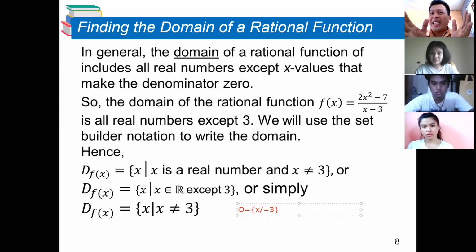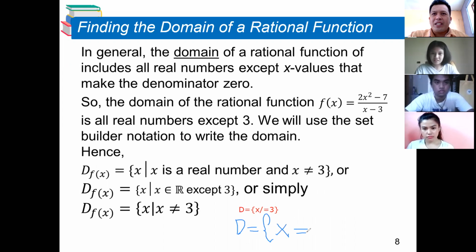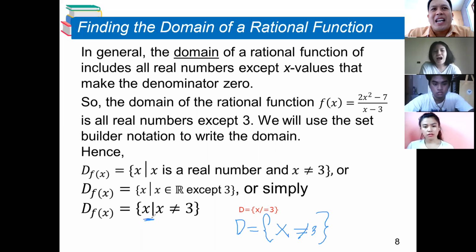Or let's write it in this way: the domain of your function is equal to x, which is not equal to 3. If you are going to write it in that way, it is already too much. It is not good anymore. Put this in, because this is the important part: this tells us that the values of x are all real numbers except for 3.